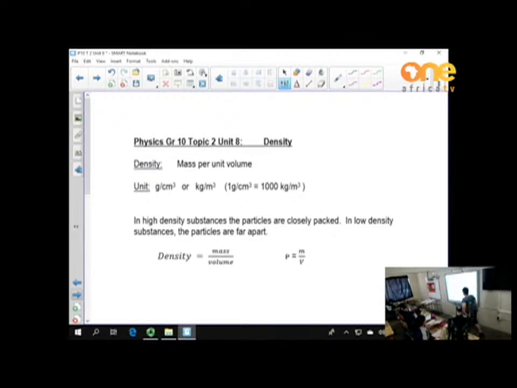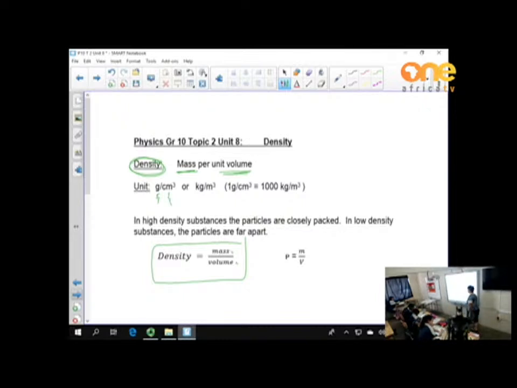Now, when we start off with a new concept, density, there's always a definition. What is the definition for density? It is the mass per unit volume. The unit in which we measure density, if we look at the formula, it is mass divided by volume. The unit for mass is a gram and volume is a cubic centimeter.